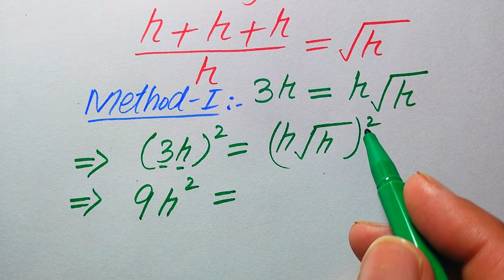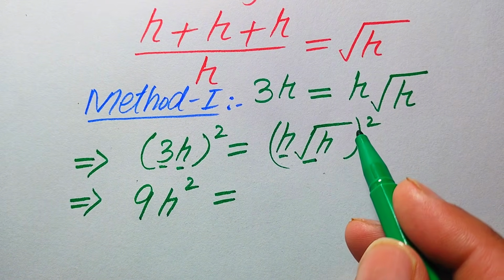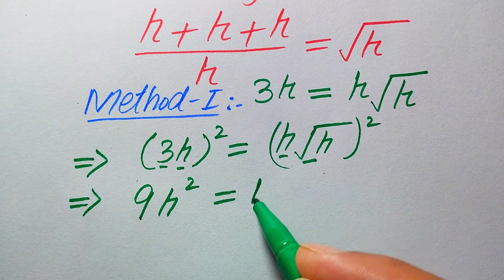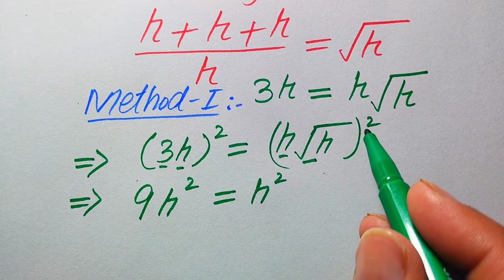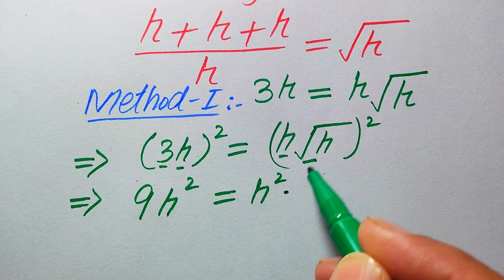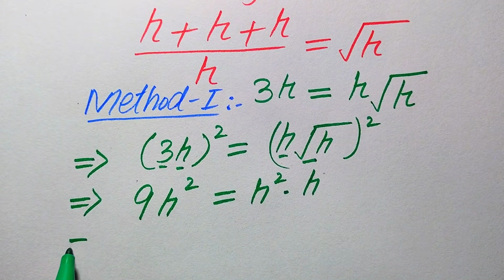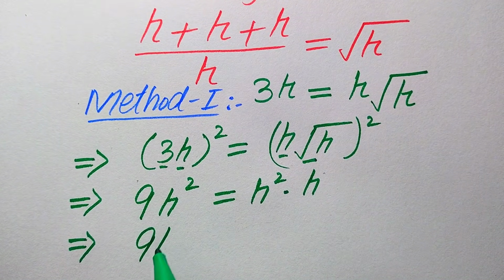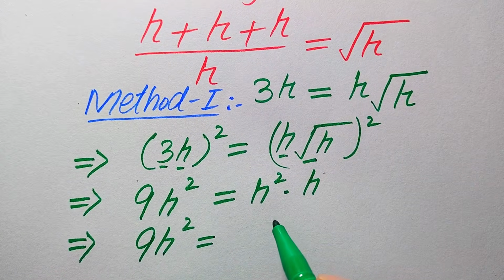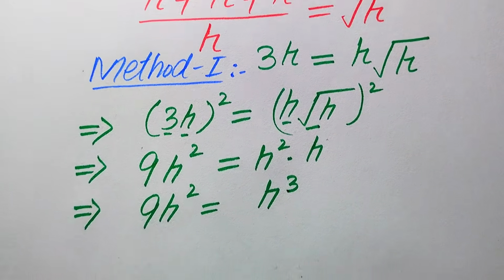In the same pattern, we again apply the square separately on both values, and we write it as h squared times, and when we square the square root term, these two are gone and we get h only. So here we need a little bit of simplification, and it will be written as 9h squared equals h squared multiplied by h, which becomes h cubed.